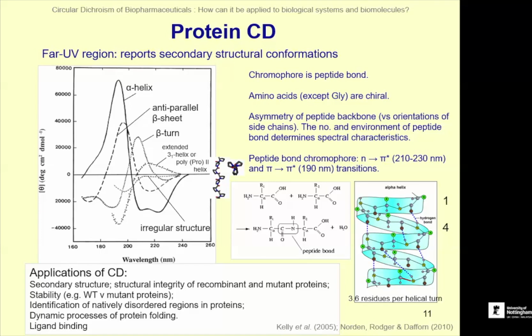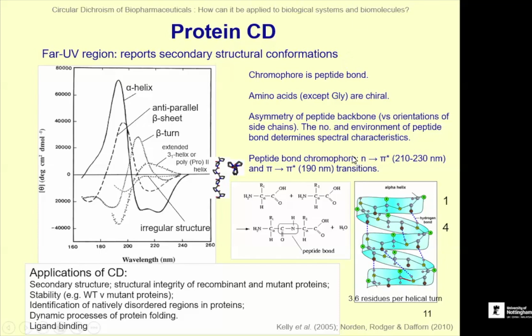I use CD to monitor whether my protein has come out the other end as something likely to be active, or at least that it still contains its secondary structural conformation, which is a clue that it's likely to still be folded and active. So CD is a rapid way to check for structural conformational integrity in terms of the secondary structure.